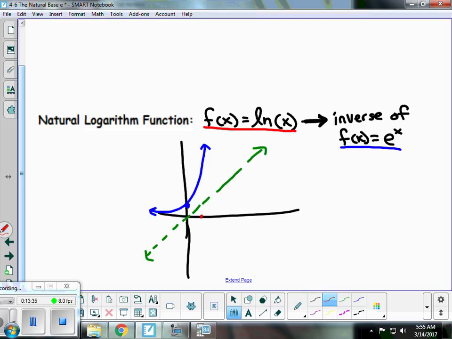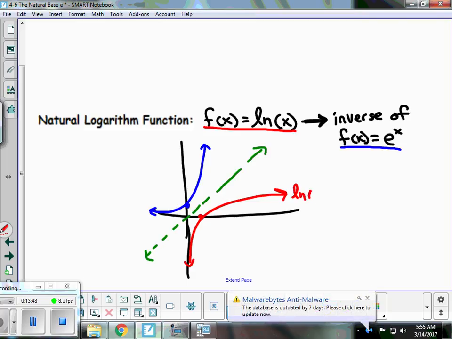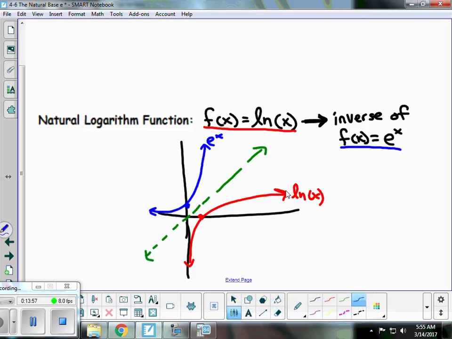So the easiest point will be right there, and then it's going to run alongside this and go like so. This is the logarithm. This is our exponential function. And again, hopefully that's not too mind-blowing because we've seen exponential functions and logarithmic functions before. These look very similar to other ones that we've seen.